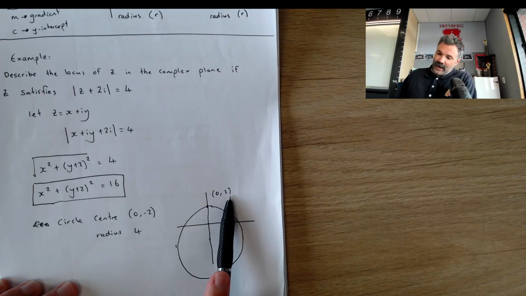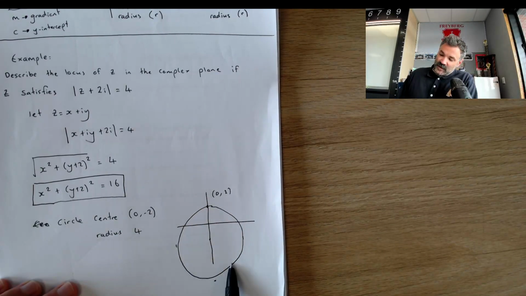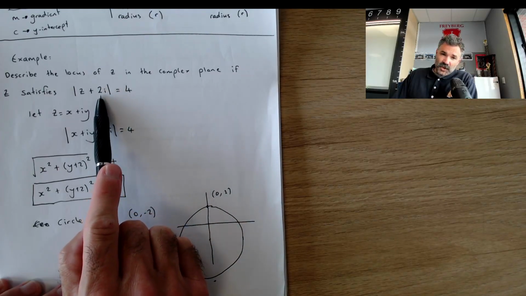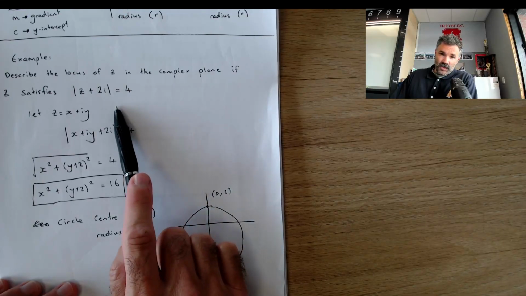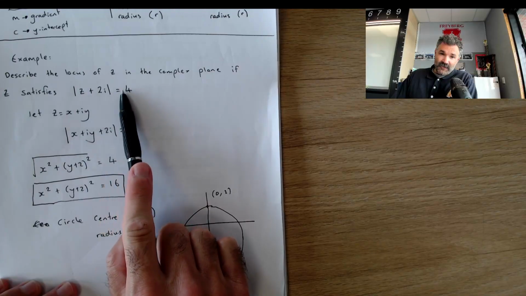Any point here is my z, and then when I add 2i onto that, so this was already 2i, and then I add another 2i onto it, that will be 4i. The distance of 4i to the origin, which is this modulus sign, is 4.